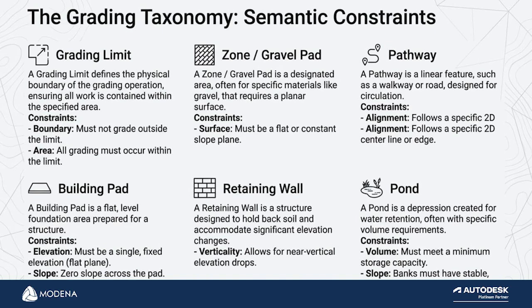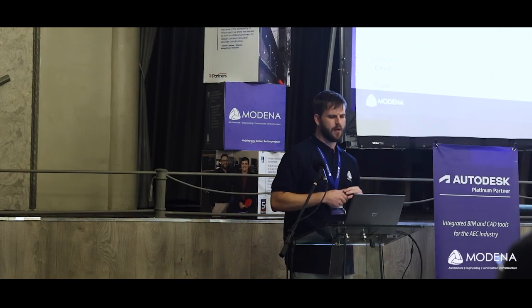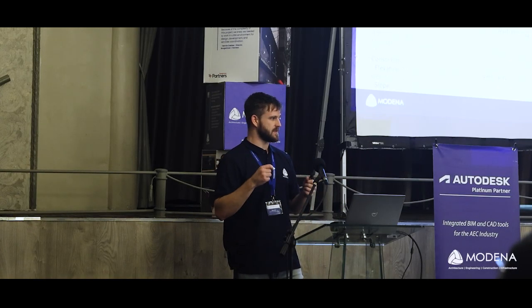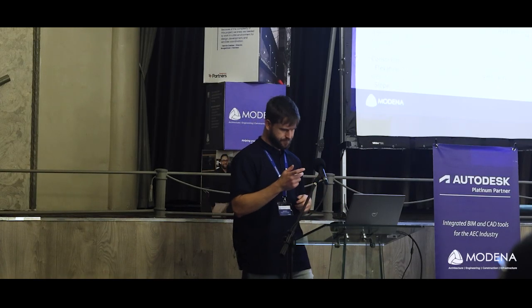We then have our gravel pads, so that will be anything specific for our parking areas or anything like that, any flat plane or single slope platform. Our pathways, any walkways or road elements that have not been designed with a facility corridor.